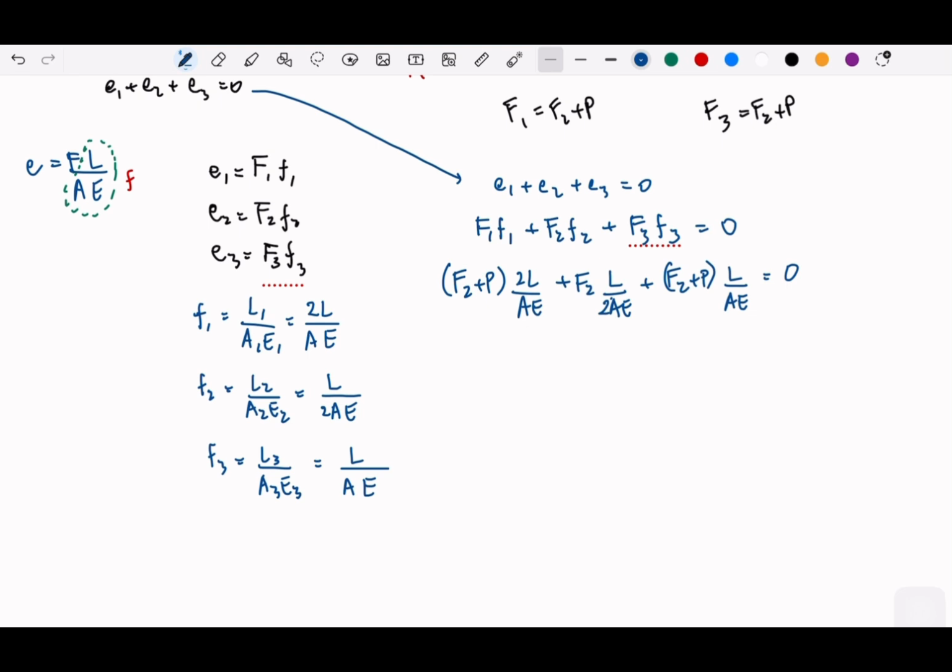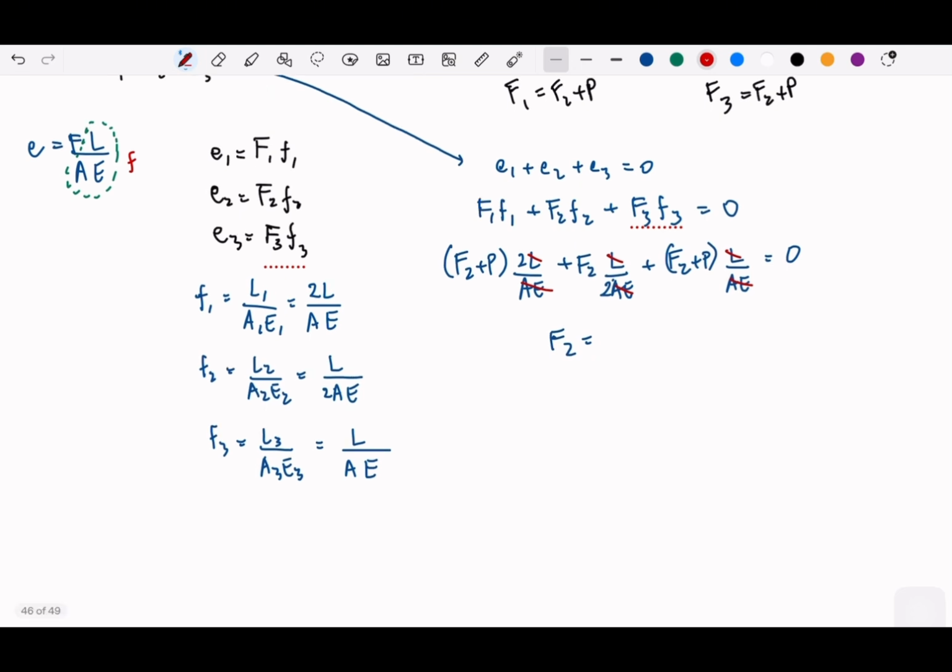And we can solve for F2 from here. I think you can cancel all this AE, L. So I will write the final result, okay, after we solve this. F2 is negative 6/7 P.